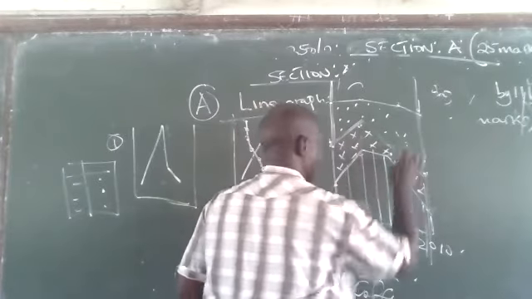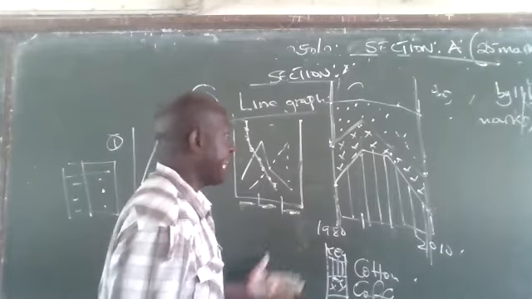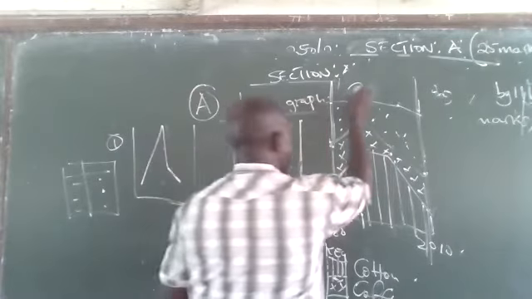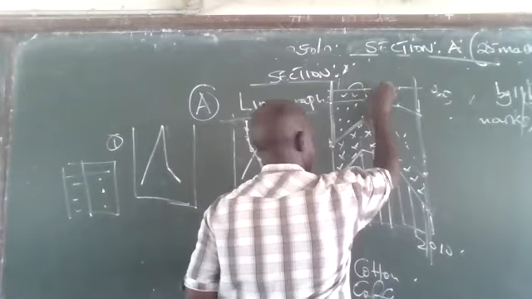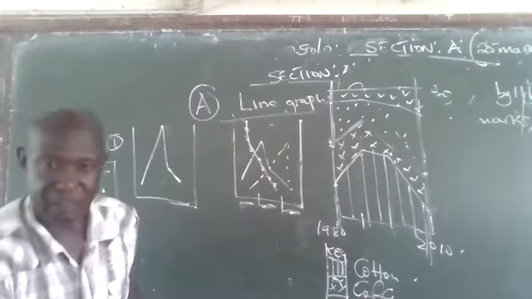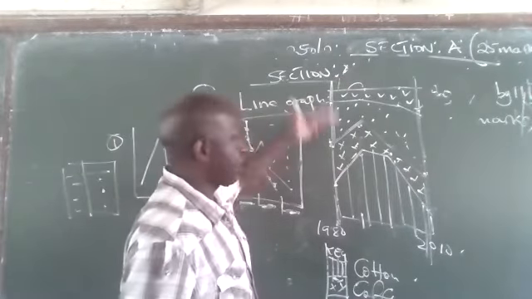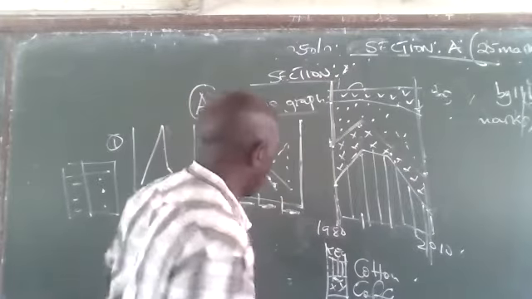So should the line be straight? No, it's not a must to be straight, or it can be straight. The last plotting can be straight if the last four values within our cumulative table were all the same in amount. So it's not a must. Okay, very good.